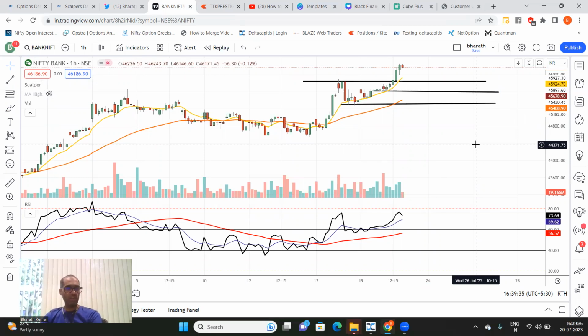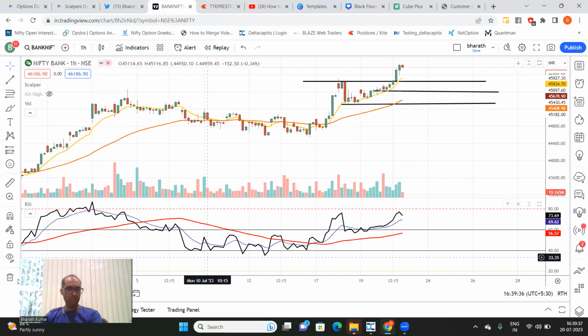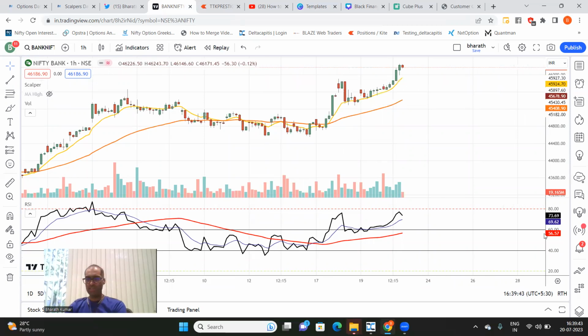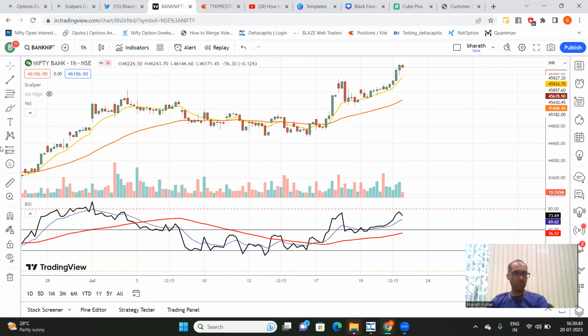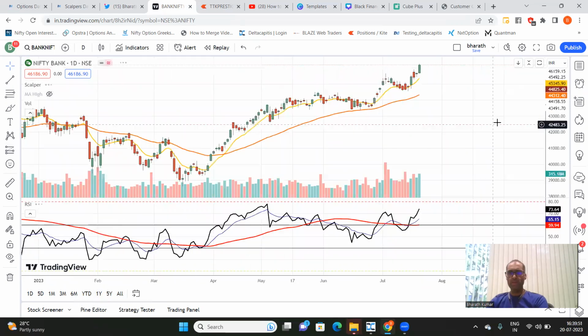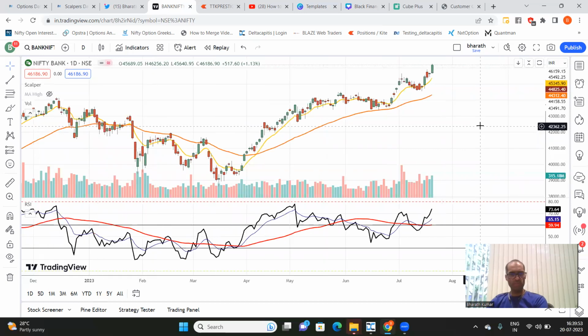So we are in uncharted territory. So there are absolutely no targets for this because if there is a resistance, I can probably give you a target. Where there is no resistance, there is absolutely no way that I can give you a target. The only way, there are people who do Elliott Wave Fibonacci extensions to look at the targets. I keep it pretty simple.